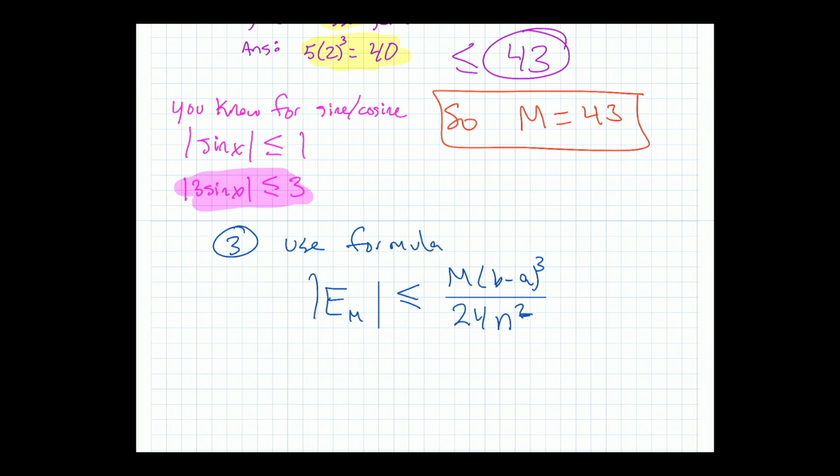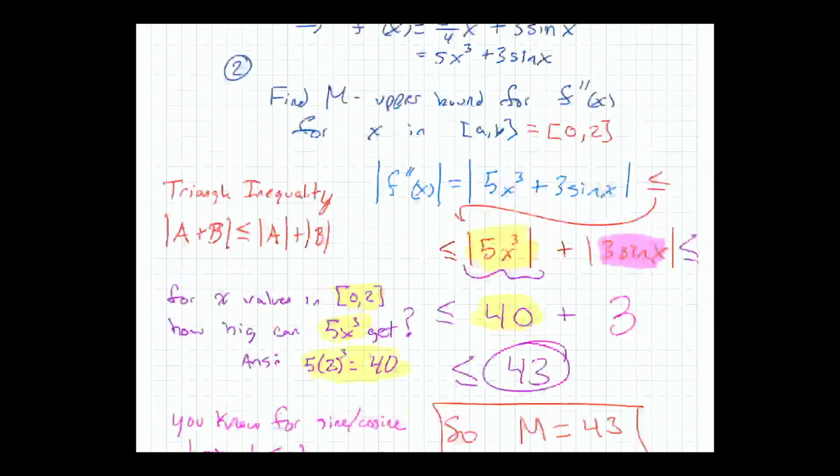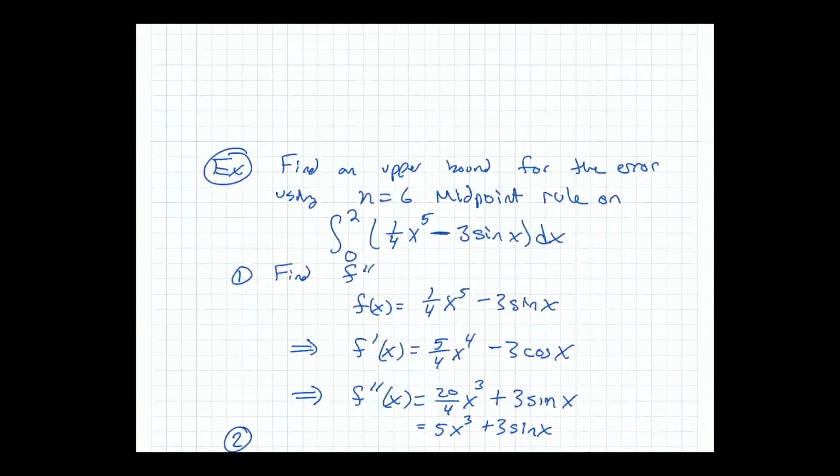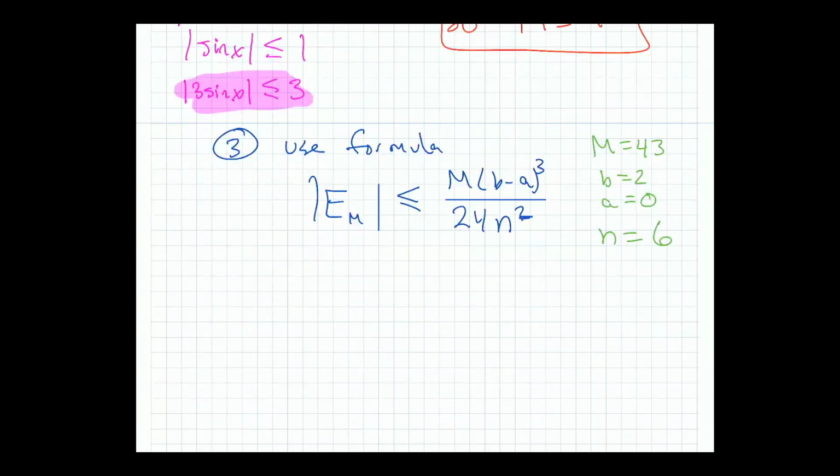And for us, let's just summarize what we know. The m we just found is 43. The b was 2. The a was 0 because we were going from 0 to 2. And the n was given to us as 6. So you just plug all those numbers in, and whatever you get is going to be your answer.